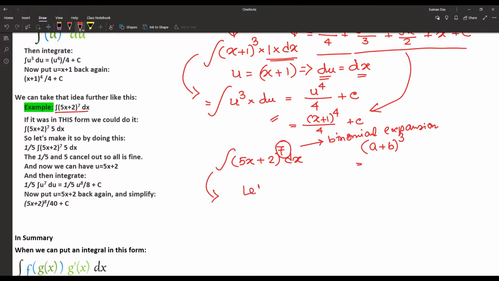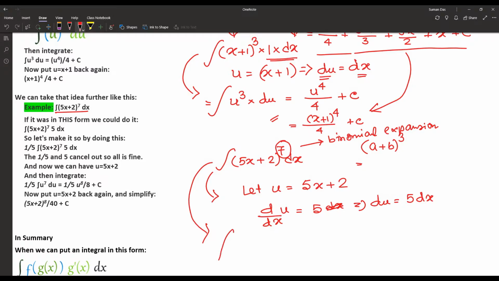So let u is equal to 5x plus 2. Then differentiating with respect to x gives us 5 of dx. So du is equal to 5 of dx. Now look at the problem.